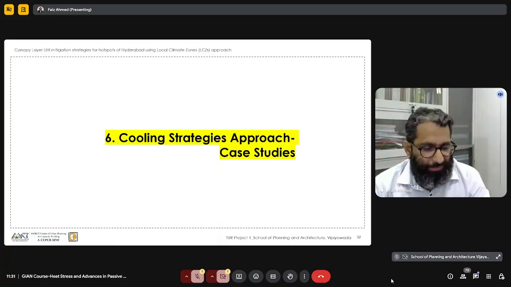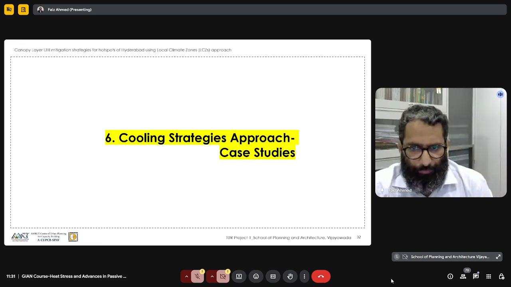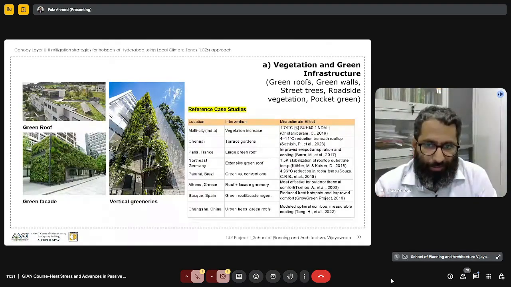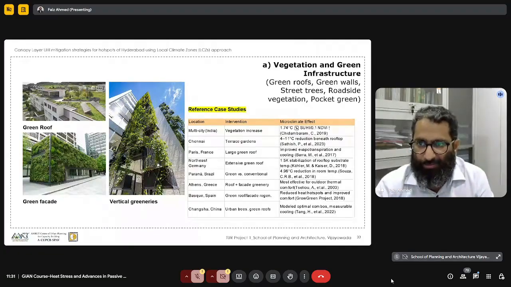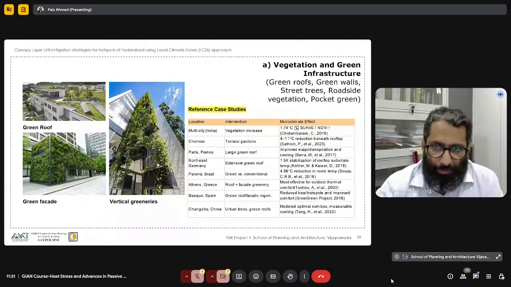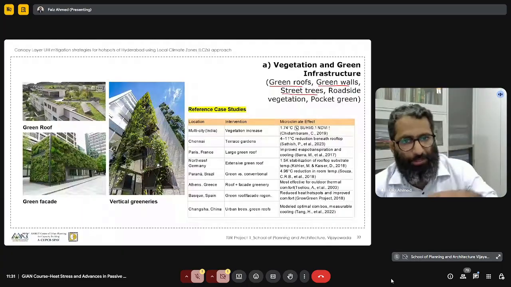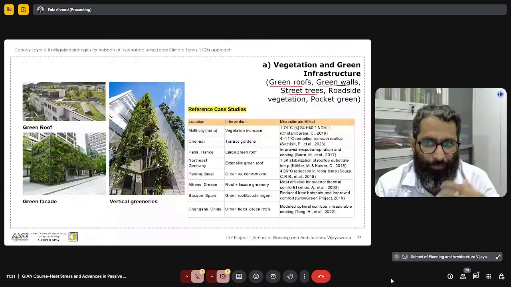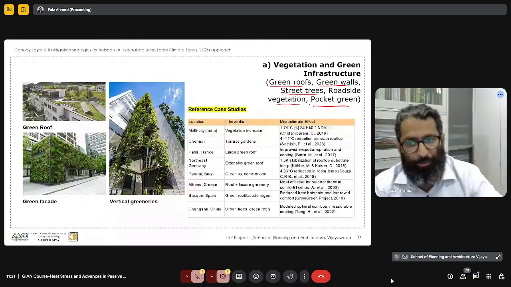And what are the strategies that we have tested? This is another thing that requires discussion. Based on several case studies that have been tested along this line, we wanted to test how green roofs work, how green walls work, what street tree combinations we should have, roadside vegetation, pocket greens, all of what was discussed in the morning.